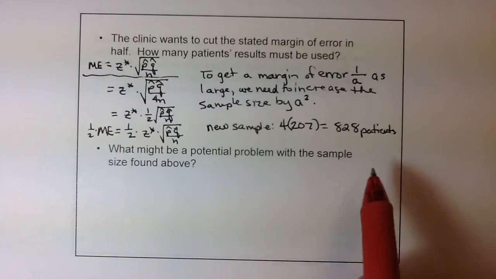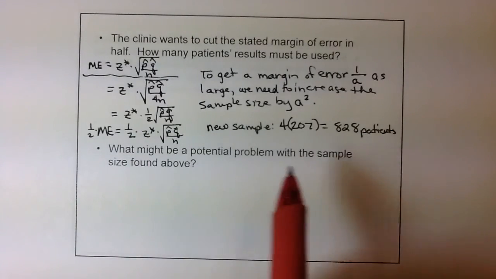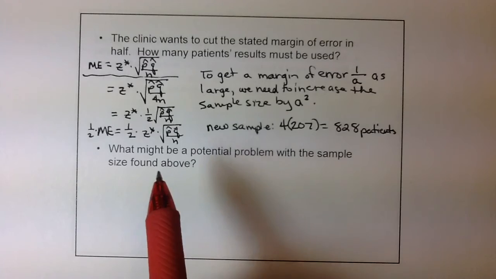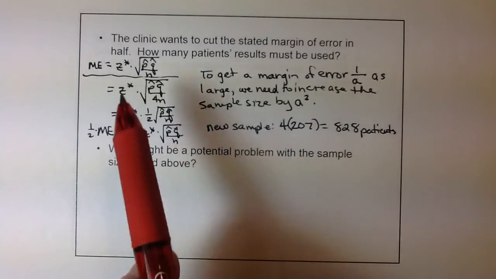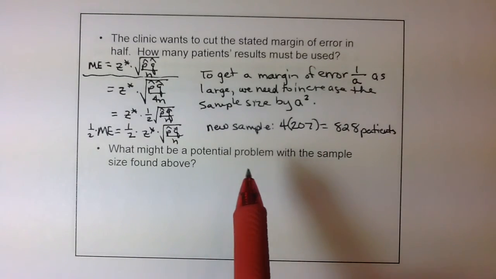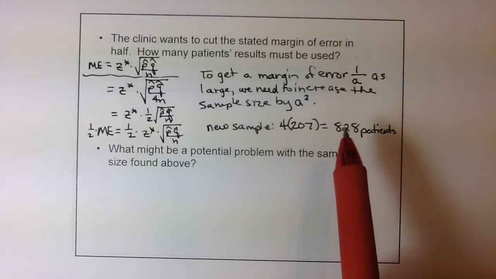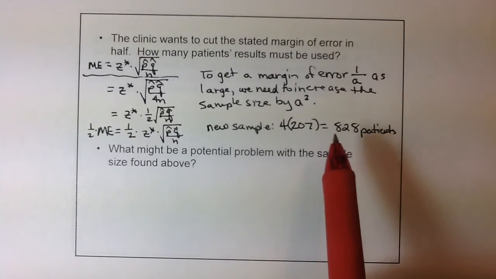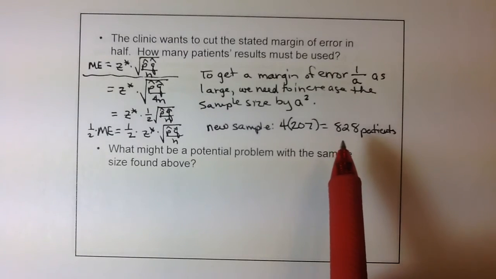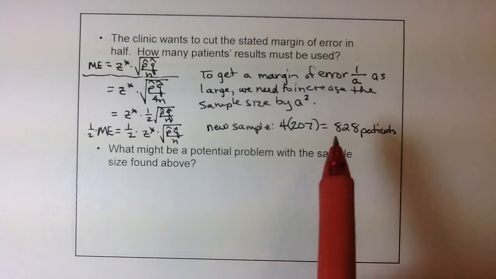What might be a potential problem with the sample size found above? There is not a single right answer, but all of our inference procedures are based on meeting conditions. And so it could be that 828 patients is a fairly large number, particularly for 1998.